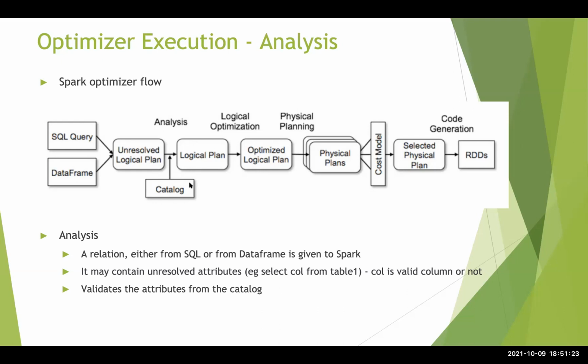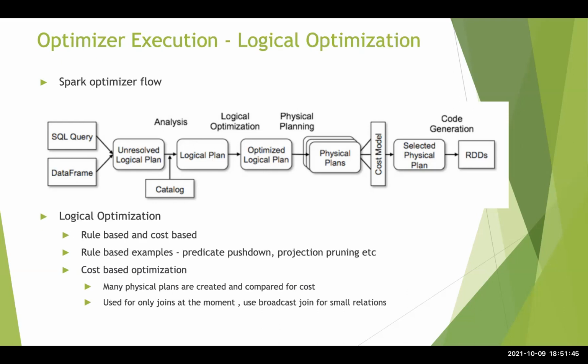And how does it do that? It has a catalog. So from this catalog it references, like if you deal with Hive, then Spark has integration with Hive, and the data in this catalog will come from Hive. Otherwise, whatever your data source is, Spark just refers to that, tries to validate via the catalog, and converts into a logical plan.